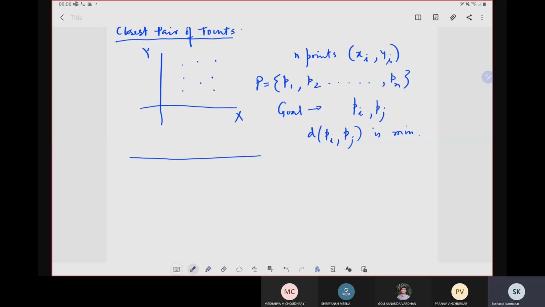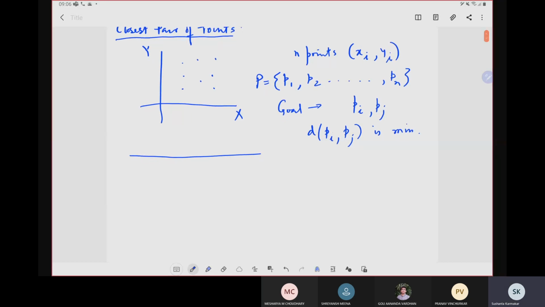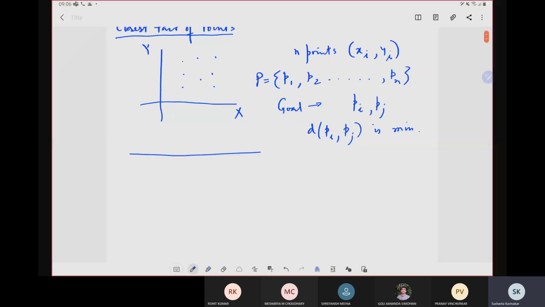And then if we can find out the overall closest pair in order n time, that means if we can merge the two subproblems' solutions in order n time, then we are done. So that is roughly the idea.